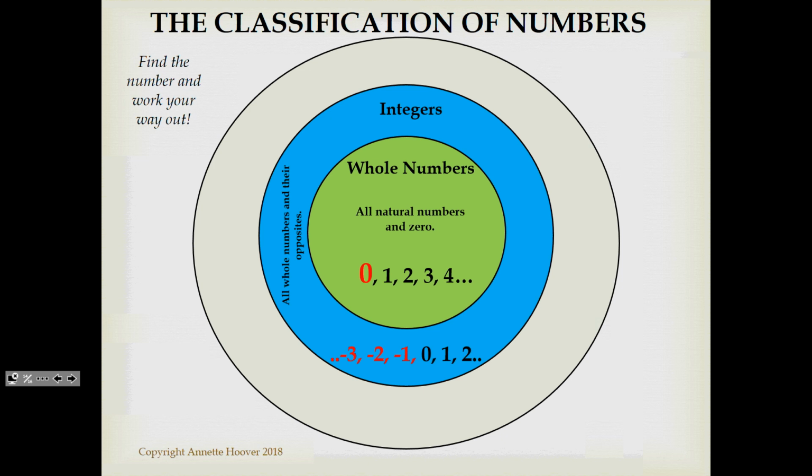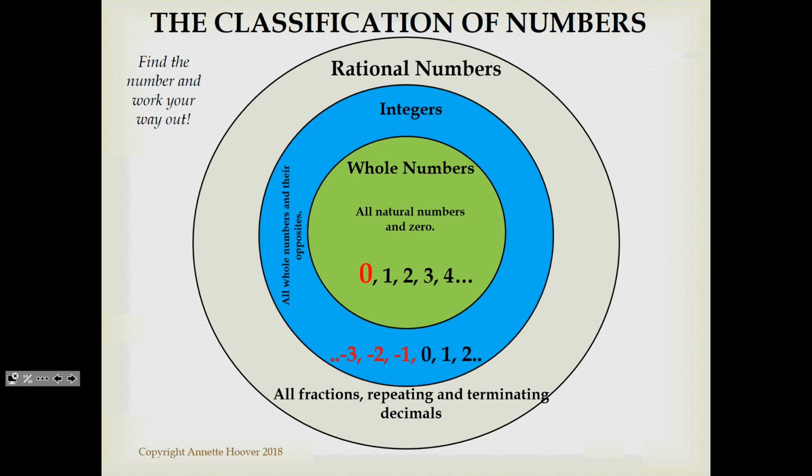The next circle is the largest circle, and it includes all whole numbers. It includes integers, but rational numbers also now includes all fractions, repeating, and terminating decimals.